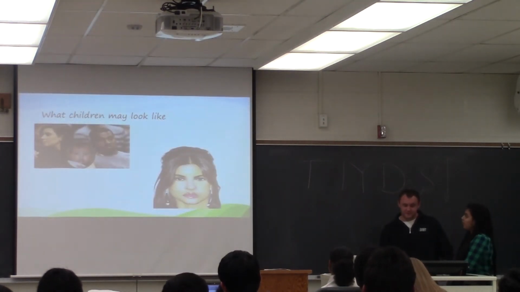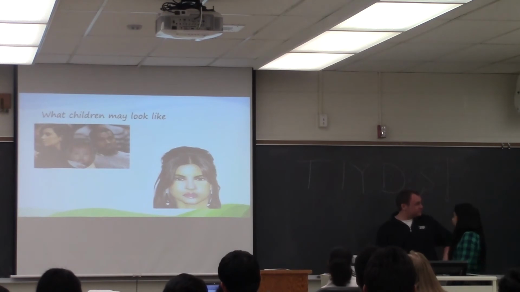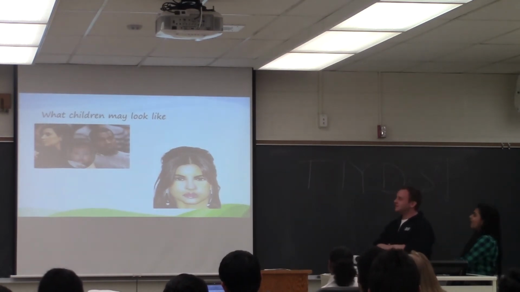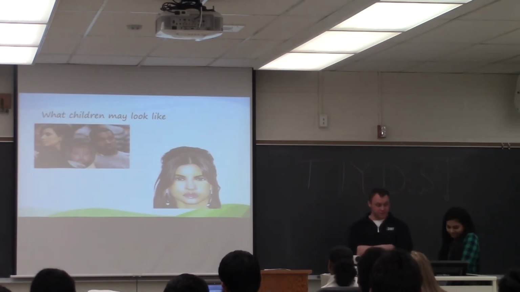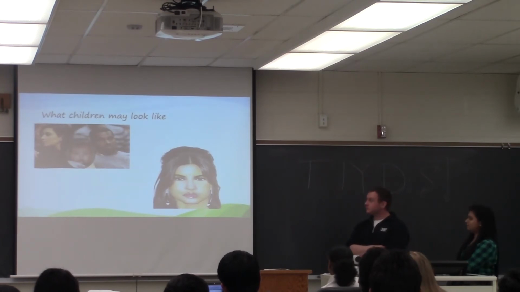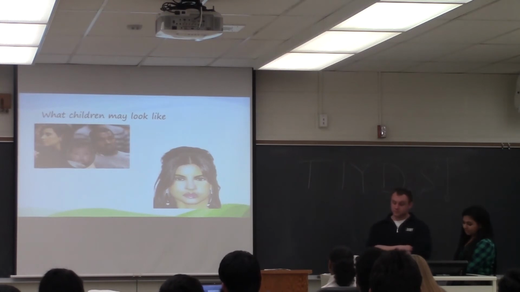What children may look like. This is an image of Kim and Kenya's child at 25. She may look like this. Using CGI, experts created this computer-generated image, and it looks very similar to the features of the parents.